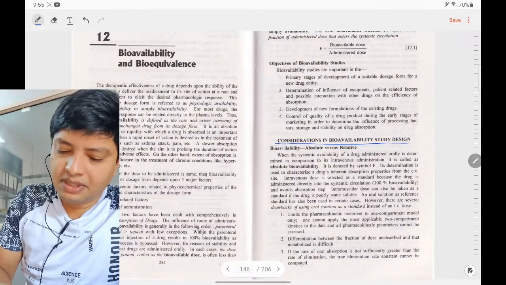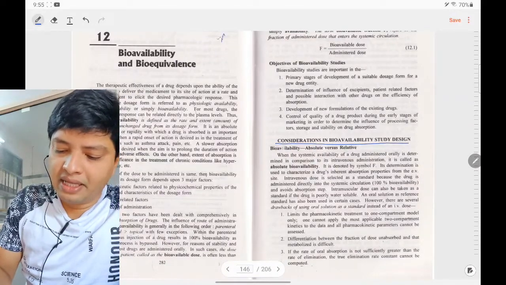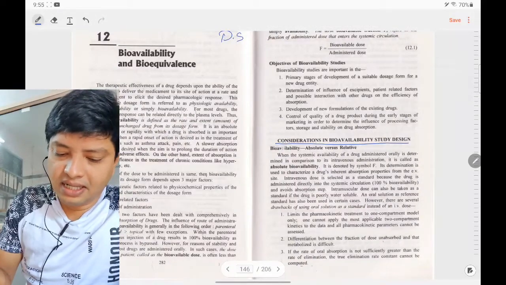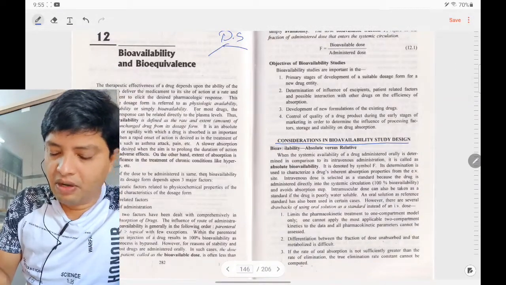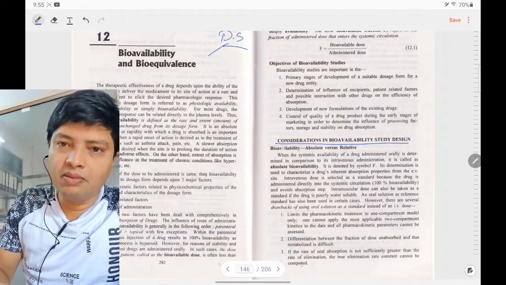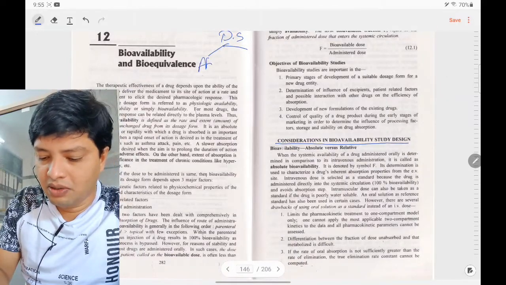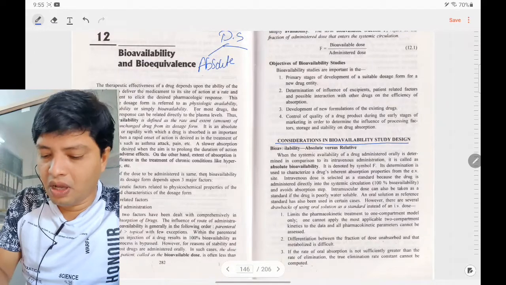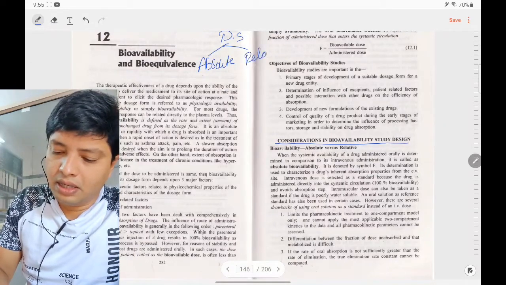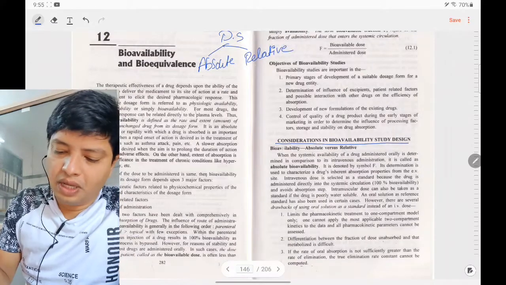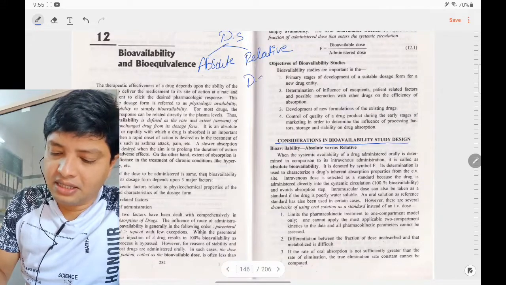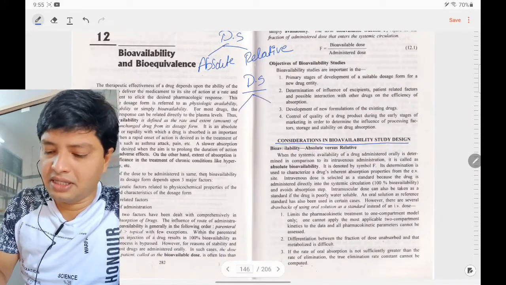As per the study design, we have two considerations. First, which type of bioavailability study you need to conduct: absolute or relative.